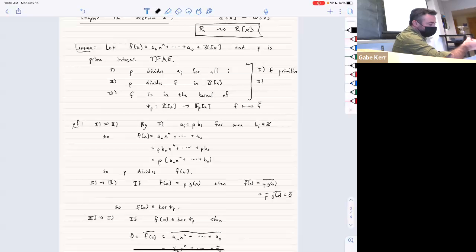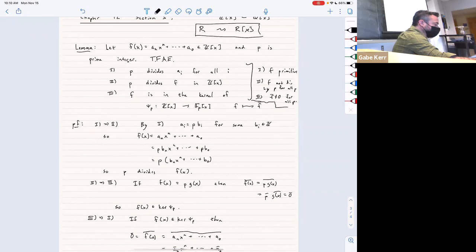Using this lemma, you get a new lemma. F not divisible by p, for all prime p. And 3, this is just saying that f is never 0. It's the negation of all of these three things. This is a different lemma, but it follows immediately from this one.